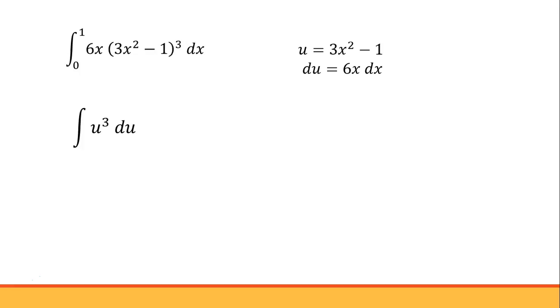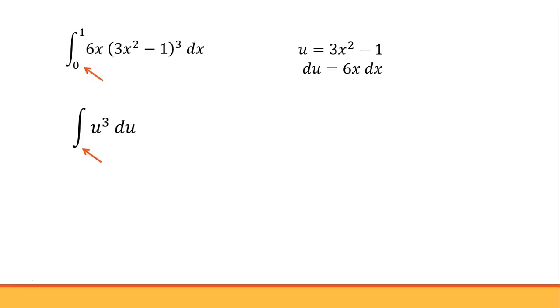Now here's one really important thing. This is a definite integral. We do have an upper bound and a lower bound. But do you notice that when we substituted, we don't have those limits of integration written. We don't have the 1, we don't have the 0.